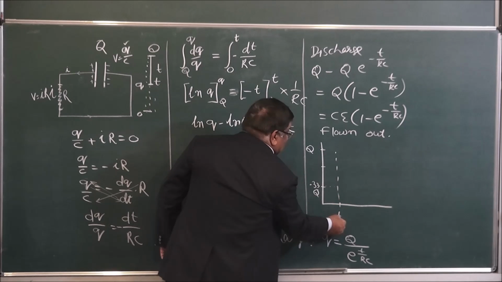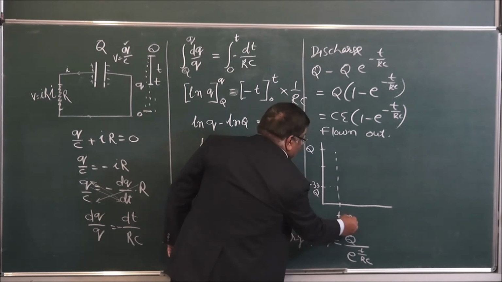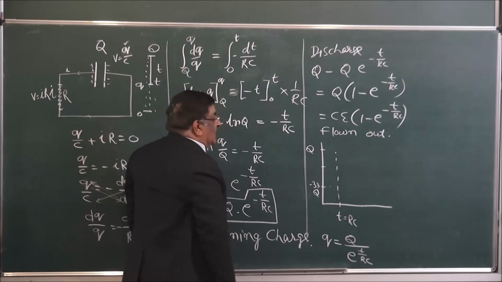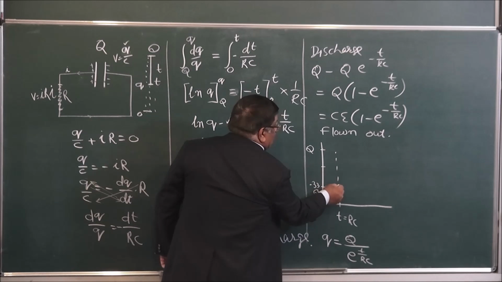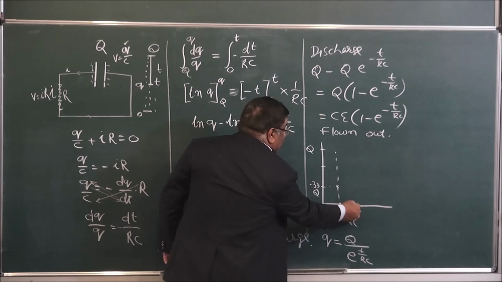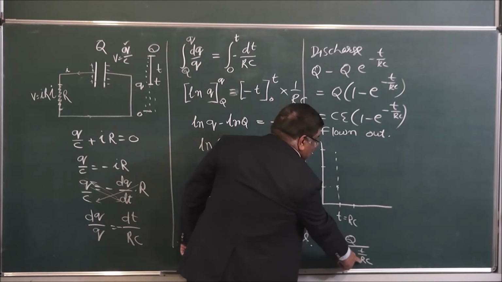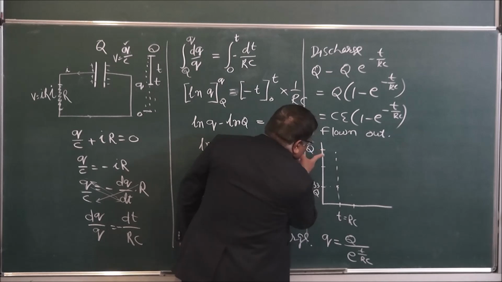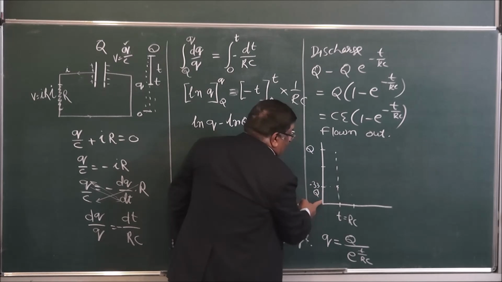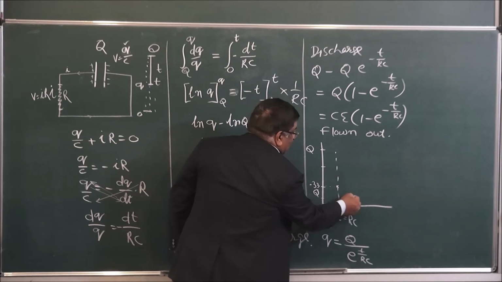In T, what is T? T is equal to RC, time constant of the capacitor. So the charge has come from this point to this point. When we make it 2T, then we put 2RC upon RC, e to the power 2, and it comes here 0.86 less than this. Here will be 0.14. 0.14 is somewhere here.